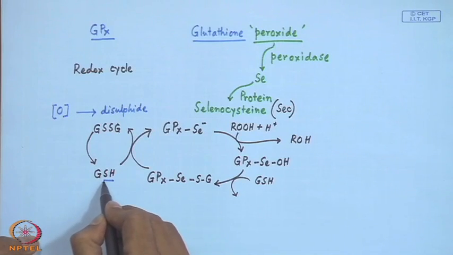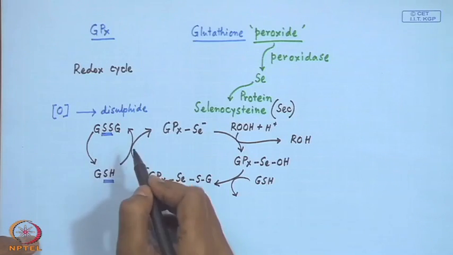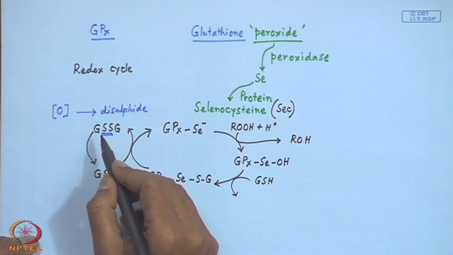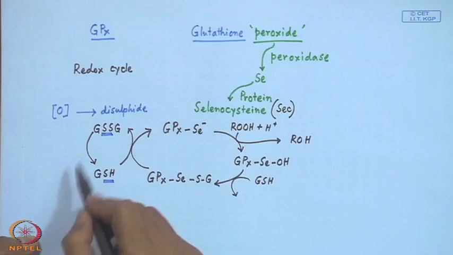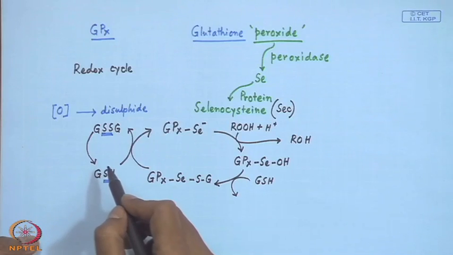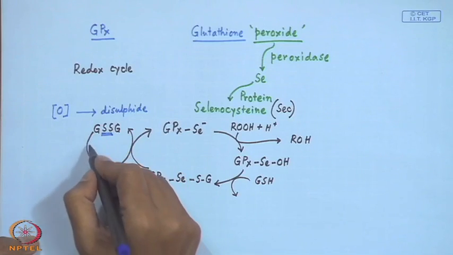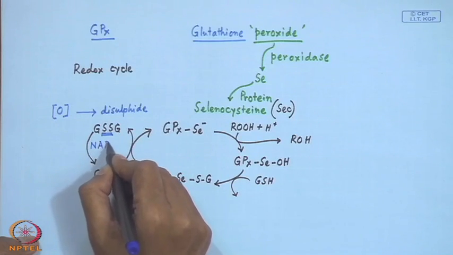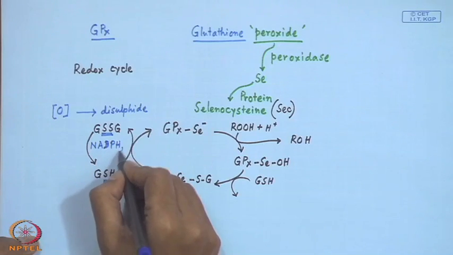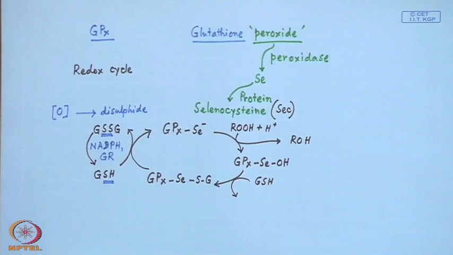So, if you have an SH unit which can be oxidized to an SS unit, the redox equivalent can be stored inside the molecule in the same way that the glutathione peroxidase is acting. That means, inside the molecule itself it can go for the transfer for this sort of SS formation with the use of NADPH and GR, which is glutathione reductase.